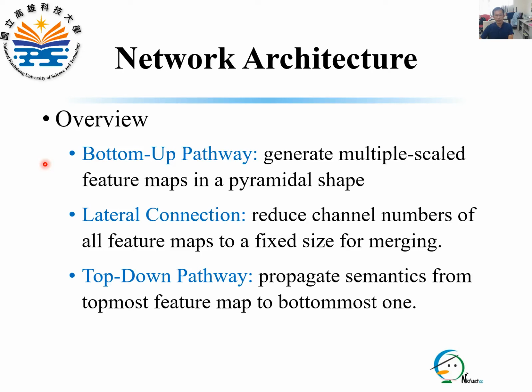Bottom-up pathway is for generating multiple scaled feature maps in a pyramidal shape. Lateral connection is to reduce channel numbers of all feature maps to a fixed size for further merging. Top-down pathway is to propagate semantics from topmost feature map to bottommost one.